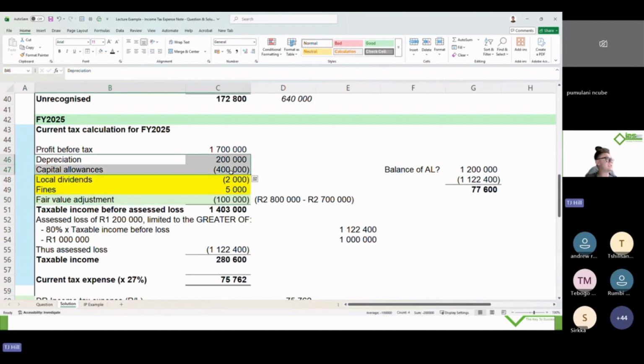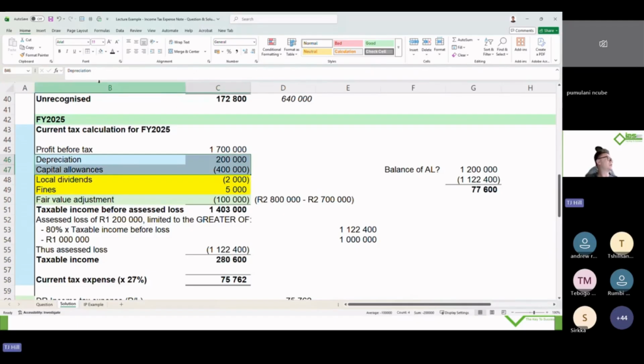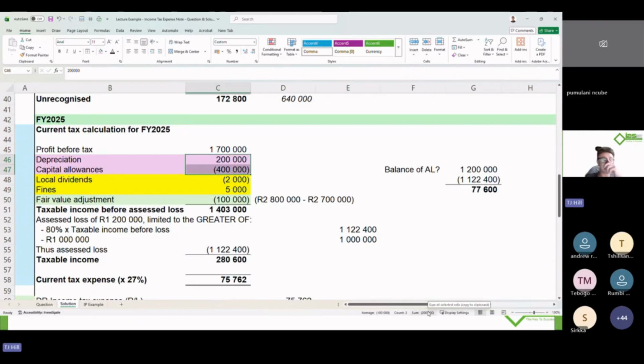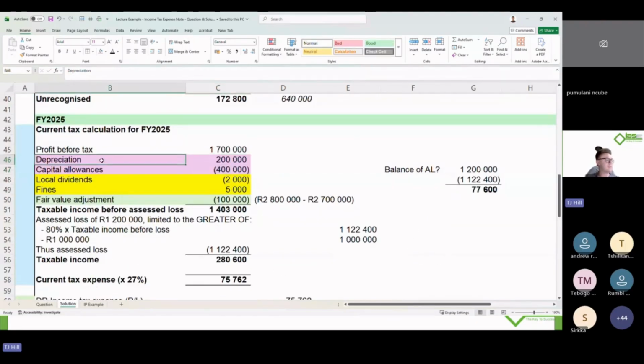What about these two? Will it cause a reconciling item? Depreciation and capital allowances. Because in my current tax, I did adjust for it at 200. Okay. But what happened in deferred tax on that PPE?